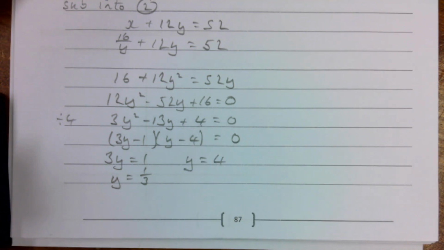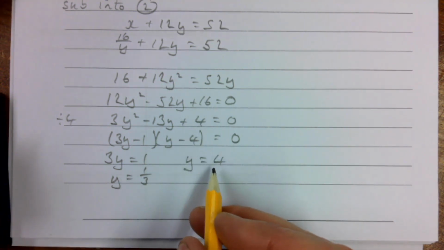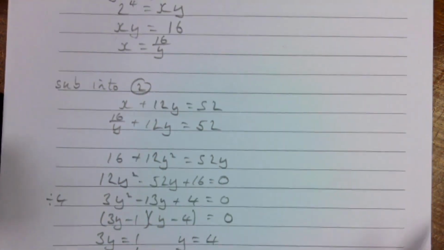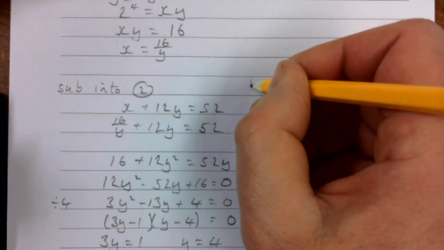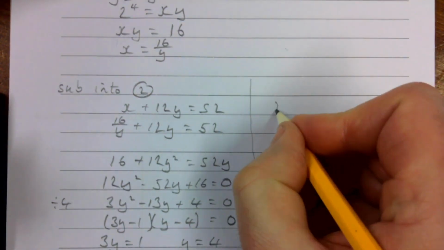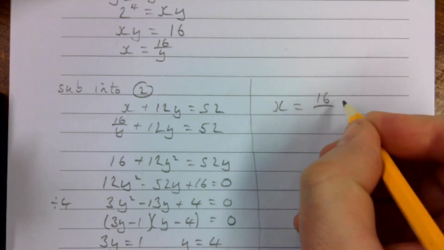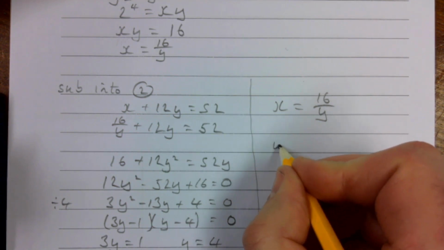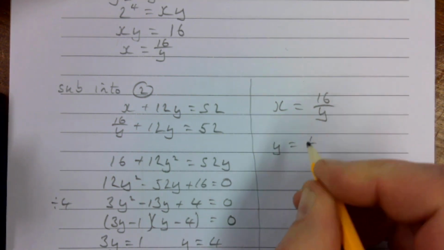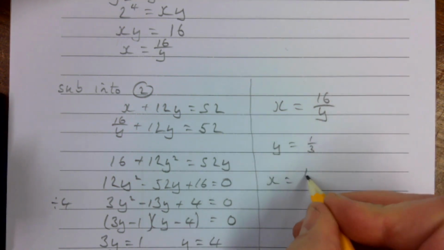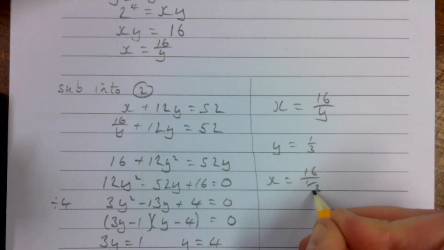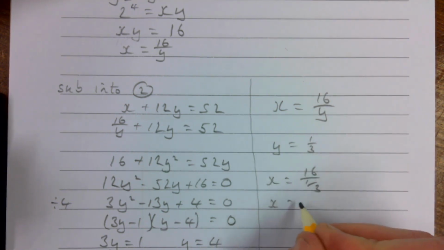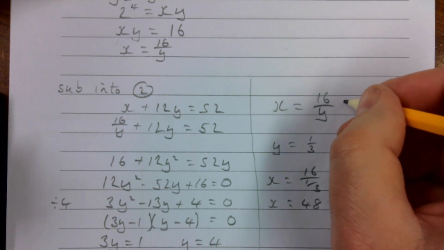So we're nearly there. Remember, it's simultaneous equations, so we've got to work out what x is as well. Substituting back in, x equals 16 over y. So if y is a third, then x is 16 over a third, and that gives us 48.